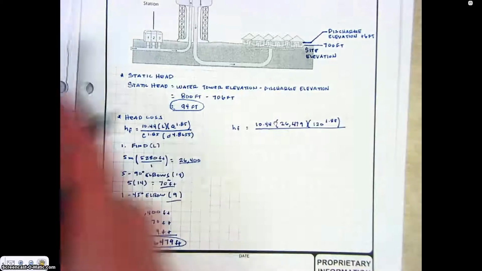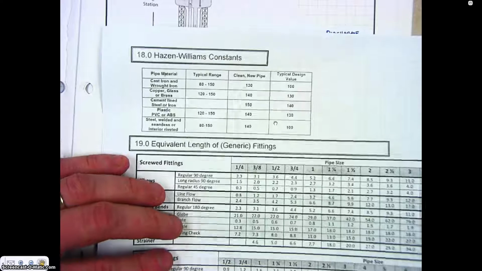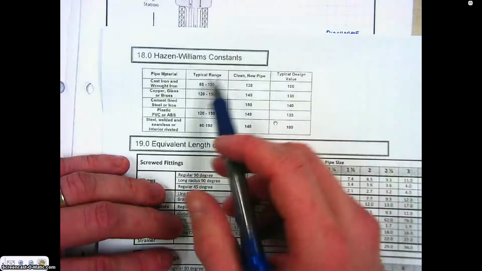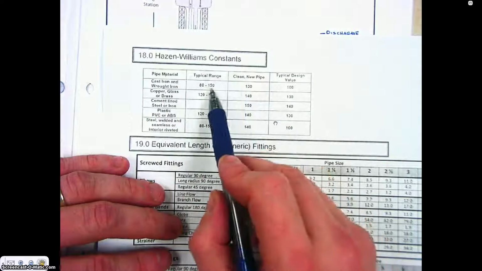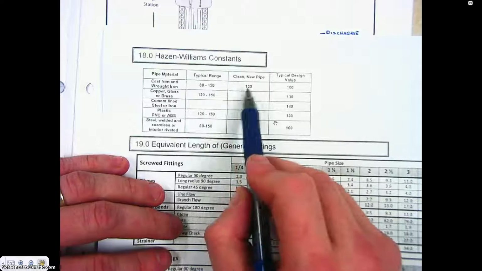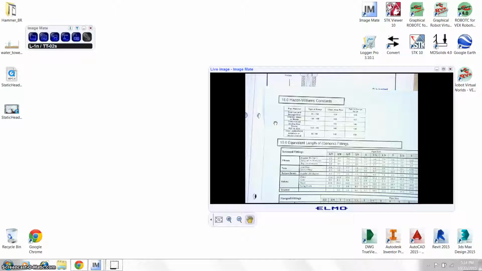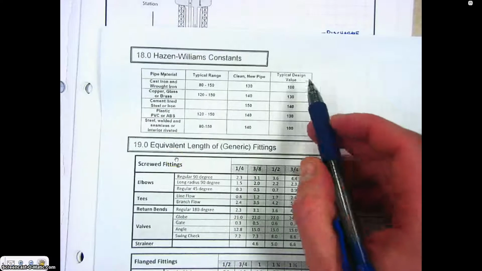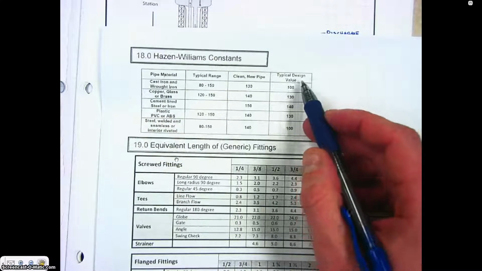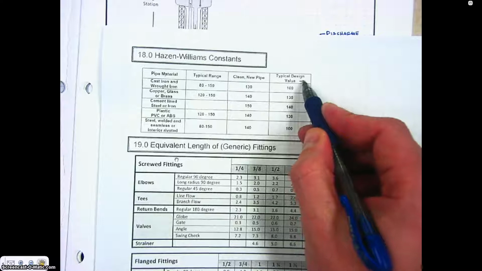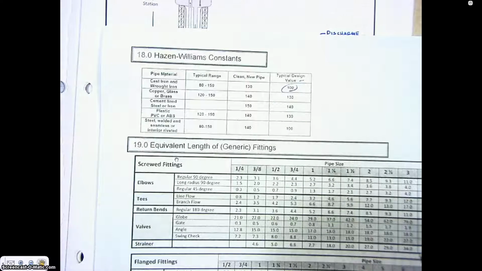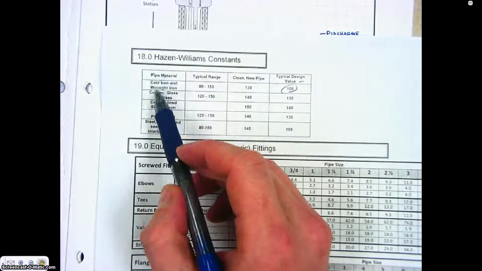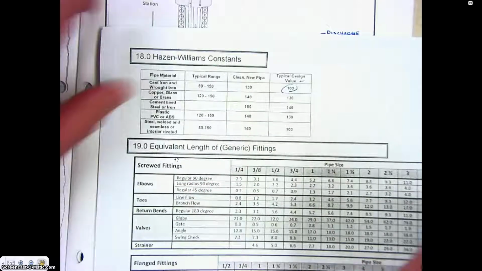Hazen-Williams constant, so let's look at that. Here are the Hazen-Williams constants in your formula sheet. For cast and wrought iron pipe, the typical range is 80 to 150. If it's new or clean pipe, 130 is the number you use. And they give us a typical design value, and we're always going to use this typical design value in this class. They give us that number of 100. So for our cast iron pipe, we're going to use a typical design value of 100.